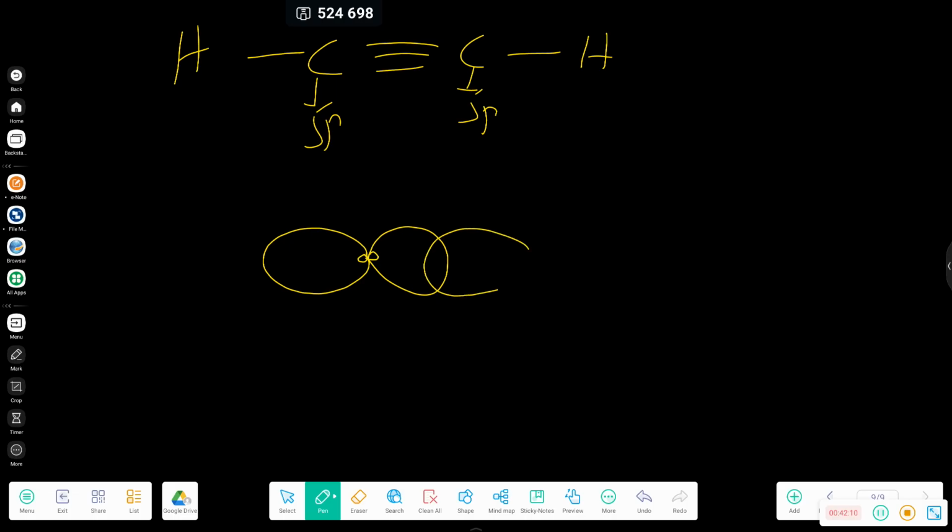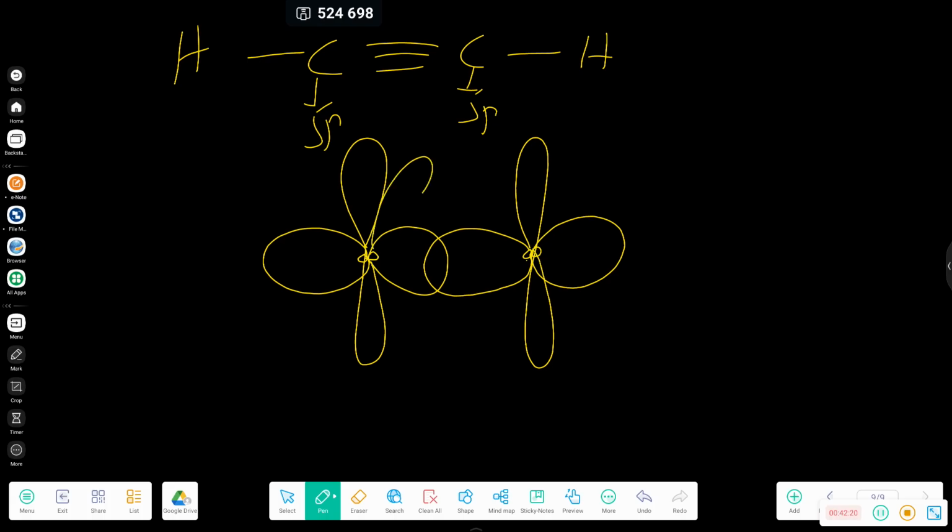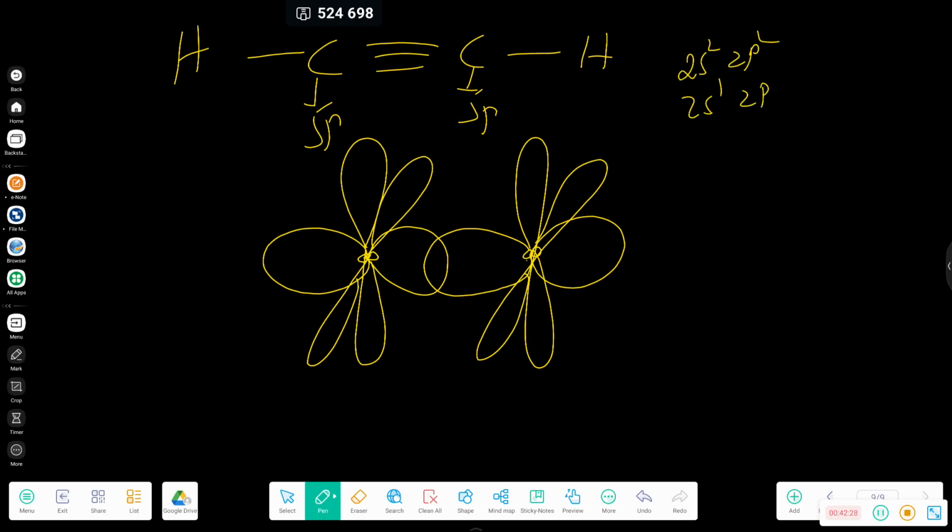Here also, this is one sp, this is one sp for this carbon. That means one p orbital is there, one p orbital is there here. Two p orbitals are there like this, which are not hybridized, because in carbon 2s2, 2p2 is there. Now 2s1, 2px1, 2py1, 2pz1, like that the sp is hybridized, but these are not hybridized.